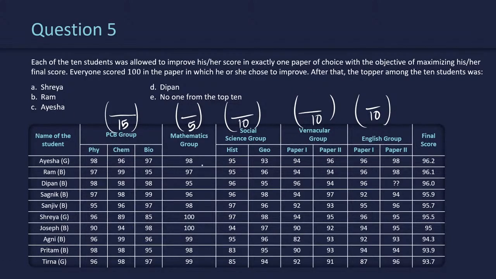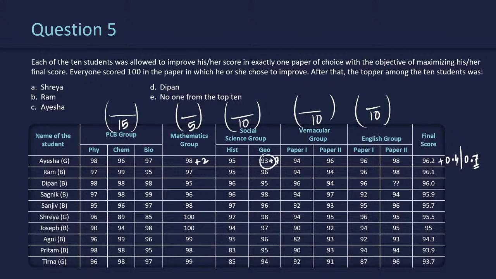So if Aisha decides कि इसमें 2 का इंक्रीज करना है उसे, so her score will increase by 2 by 5, which is 0.4 से बढ़ जाएगा. Her new final score will become 96.6. If you look at social science में, if she decides कि 7 का इंक्रीज करना है, so 7 by 10, her score will increase by 0.7 in that case. तो ये तो ज्यादा हो गया.